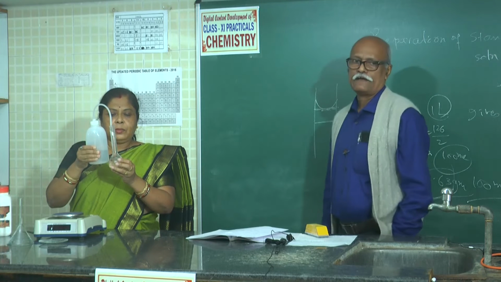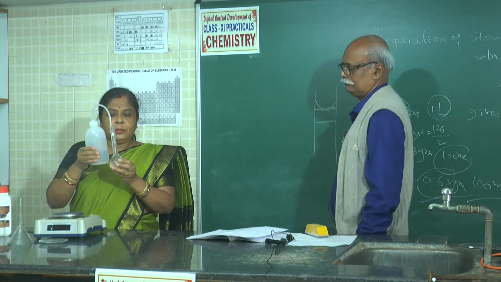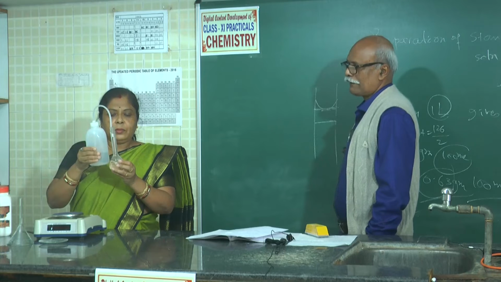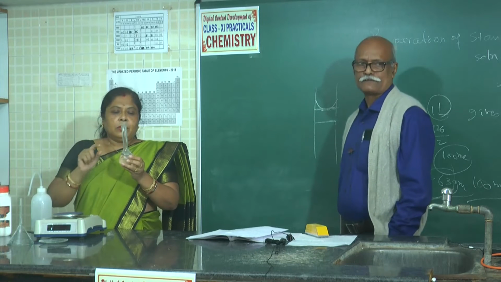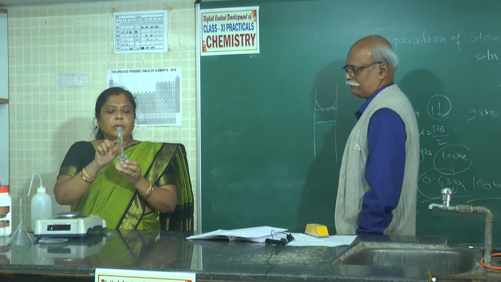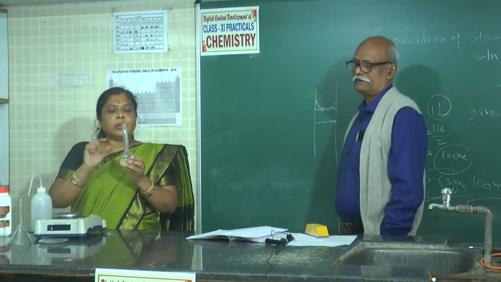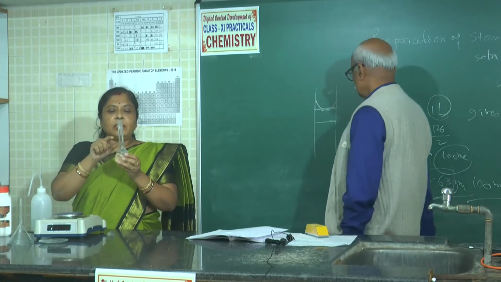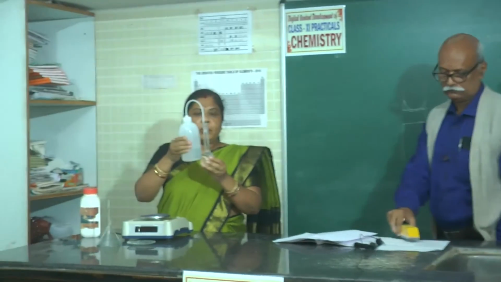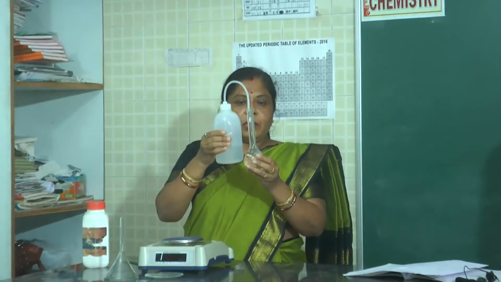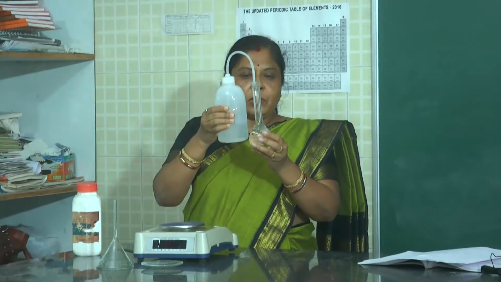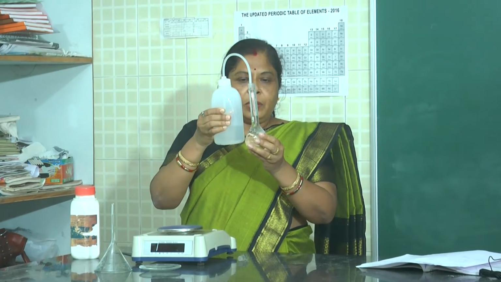In that condition, the measuring process is complete. You can also take this wash bottle for making the volume. You see the mark is here, so we have to make the volume up to the mark so that it will prepare the solution.